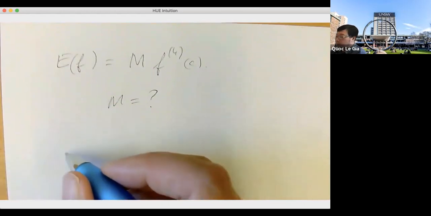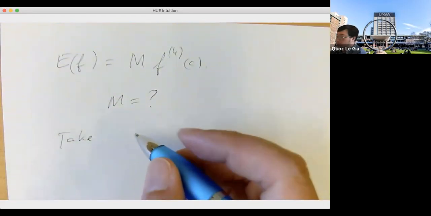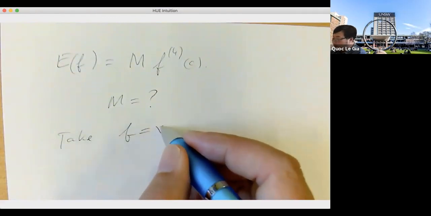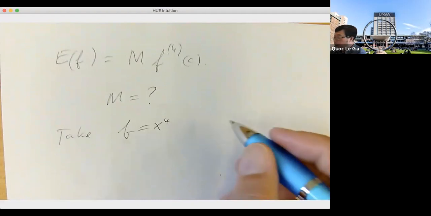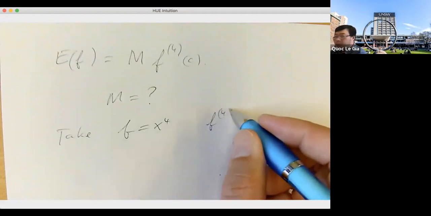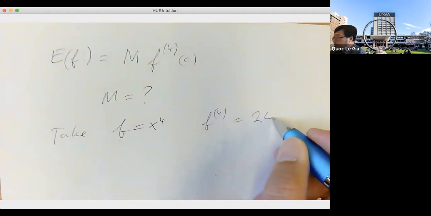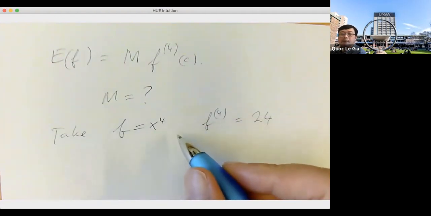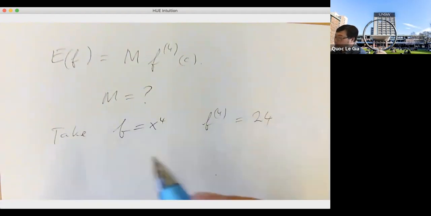Okay, so you just use the previous answer. So you take F to be x to the 4. Then you know that F to the 4th is just equal 24, right? I mean, you just take the derivative 4 times. You got 4 times 3 times 2 times 1, so 24.